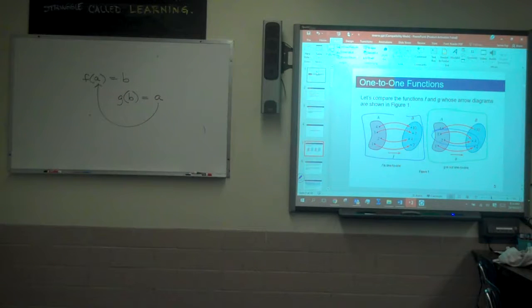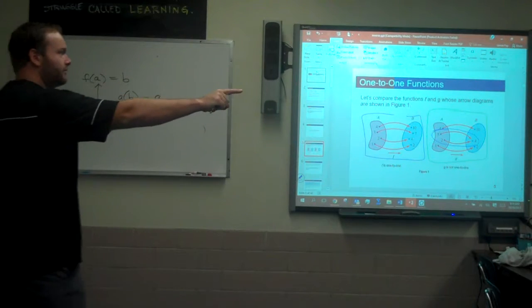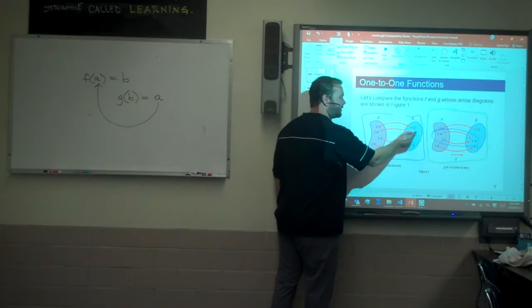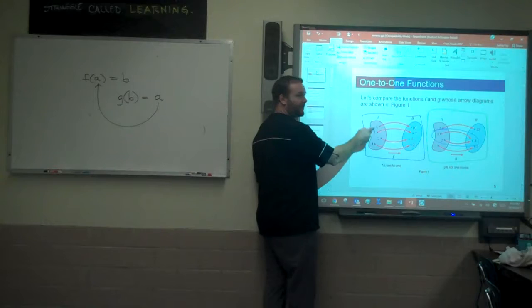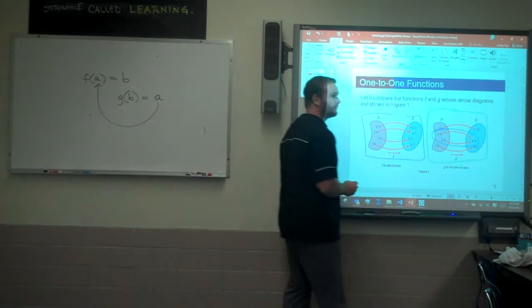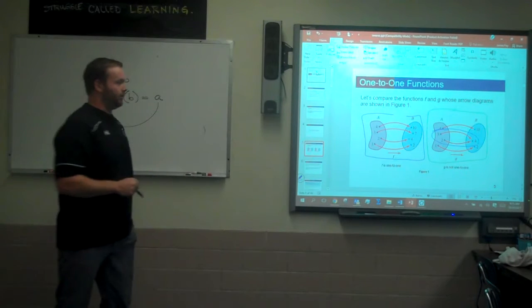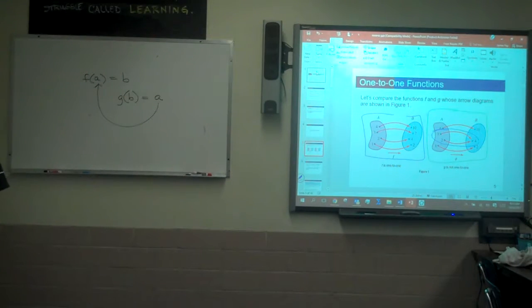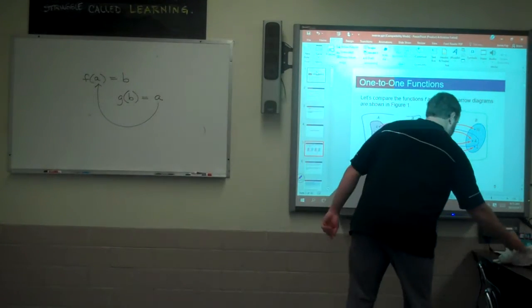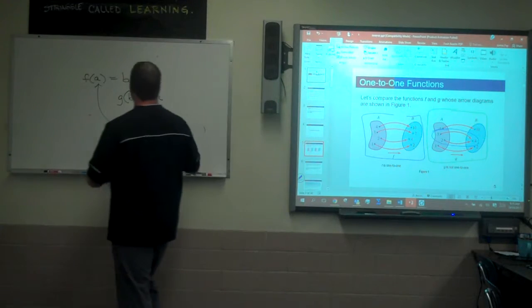Every x value gets paired up with one y value, but likewise, every y value gets paired up with only one x value, right? Over here, we had a y value getting paired up with two x values. So the one on the left is said to be one-to-one. Meaning that if I tell you guys, let's just look at it maybe with a more concrete function.